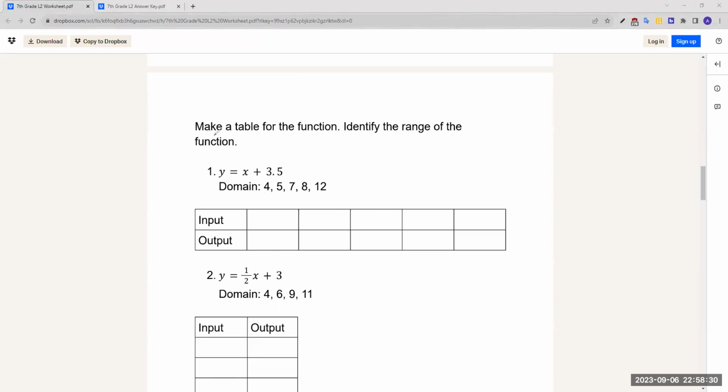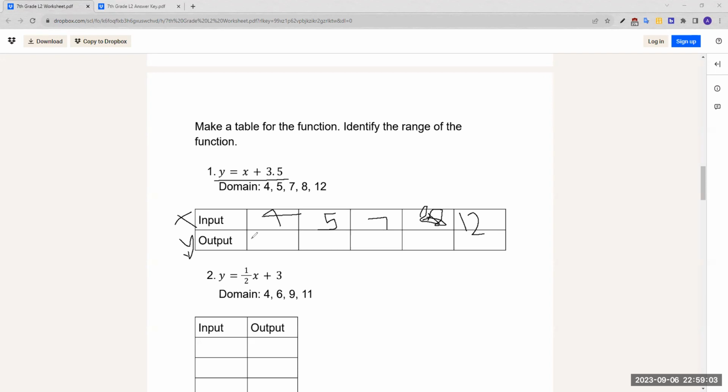Okay, so make a table for the function and identify the range of the function. We know that the domain is just the x values, so we'd put those on the input right here: 5, 7, 8, 12. Then to find the output, we're given this equation right here to find y, so we just plug all the x values into this equation.